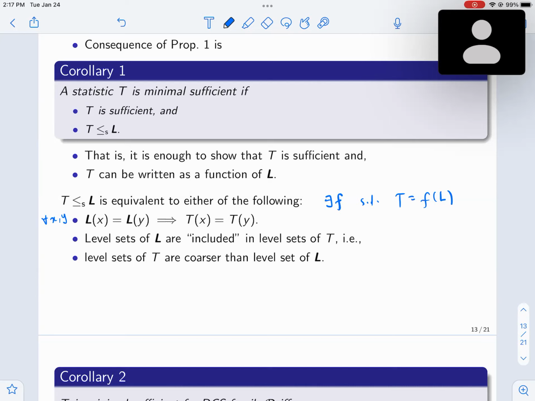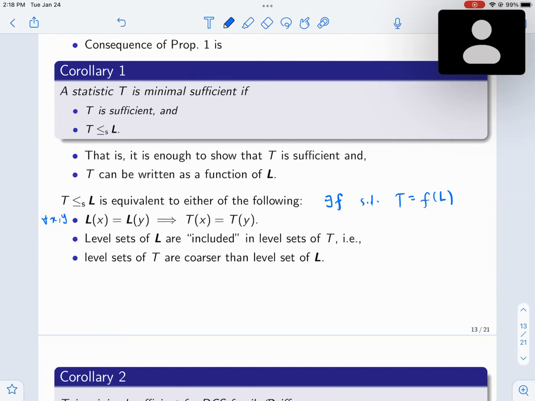This is also the equivalent statement in terms of level sets, often not realized by people. Someone in this class in previous years pointed this out. Level sets of L are included in level sets of T, sort of. Level sets are the set of all data points that go to a certain value.